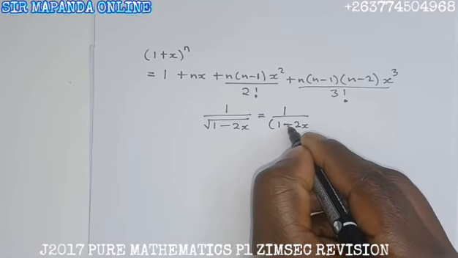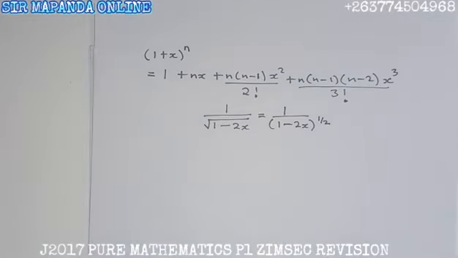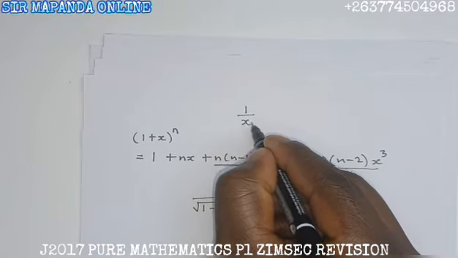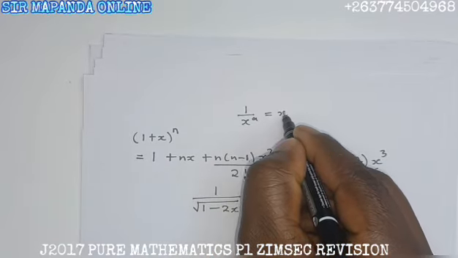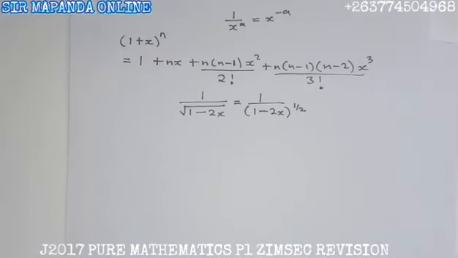So square root of 1 minus 2x is the same as (1 minus 2x) to the power of half. But remember, according to the laws of indices, 1 over x to the power of a can be written as x to the power of minus a, the inverse law.